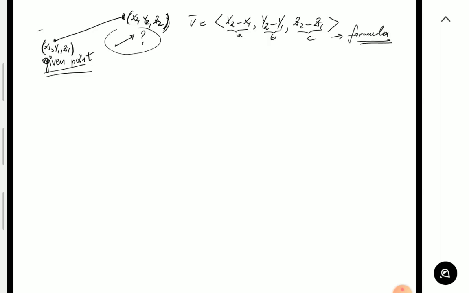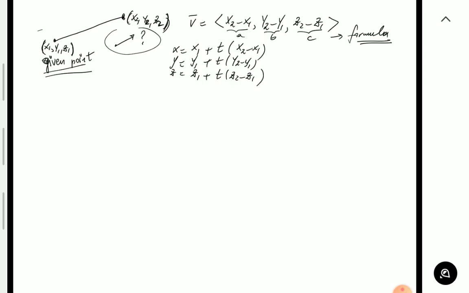So what is the equation of the line? Well, the first component is going to be x equals x1, the starting point, plus the parameter t times the first component of the direction; y equals y1 plus t times y2 minus y1, and same thing for z.